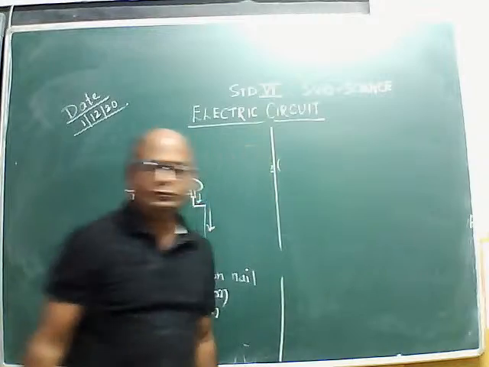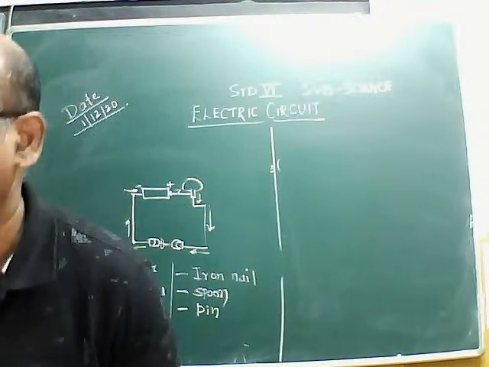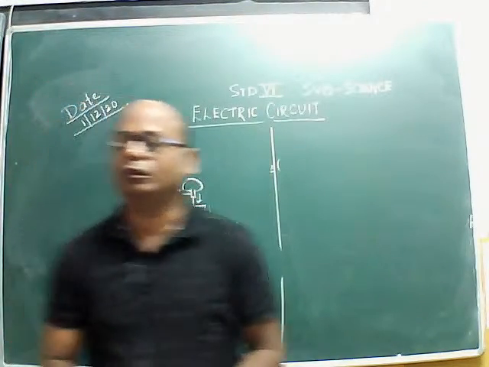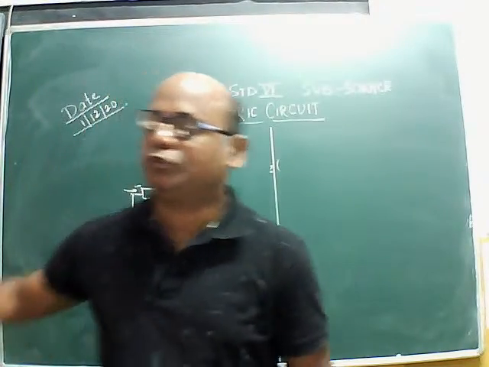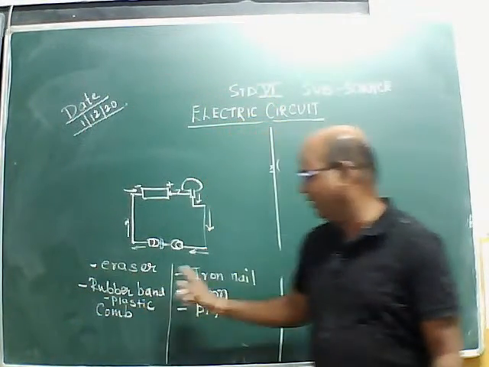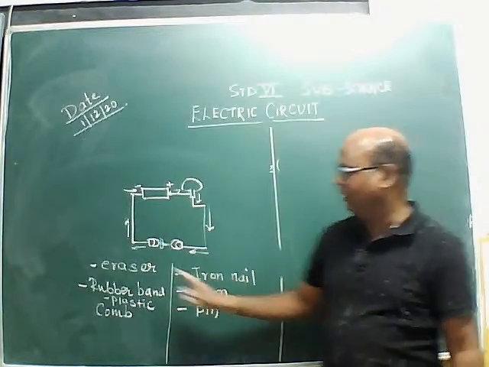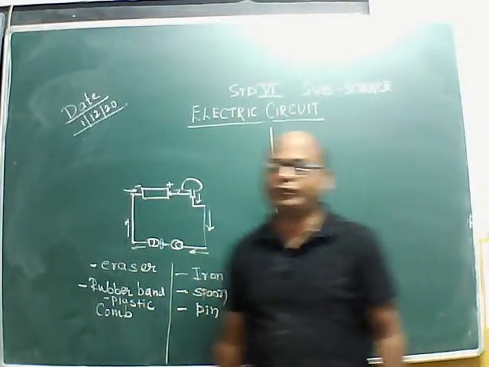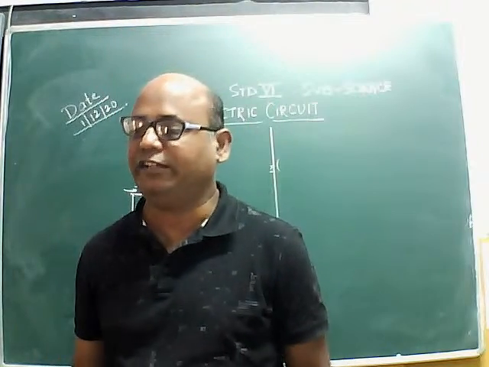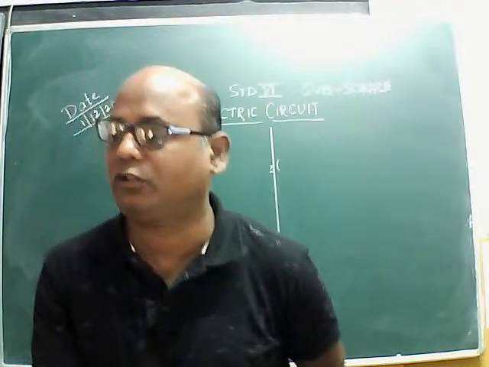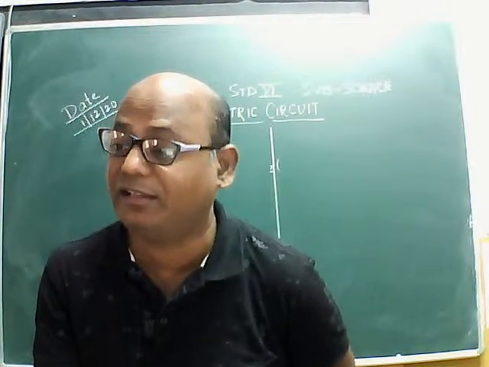What is the reason? I already told you to be curious. The question is now why they are good conductors of electricity and why they are bad conductors of electricity. Because in these metals we will find they have free electrons at the outermost shell.